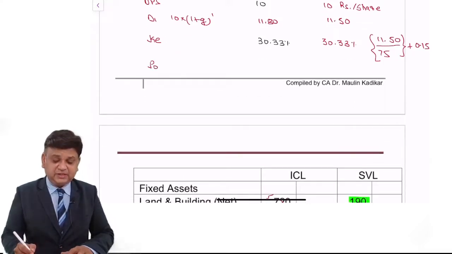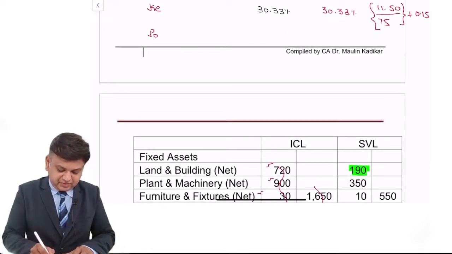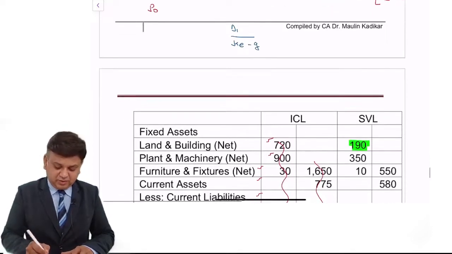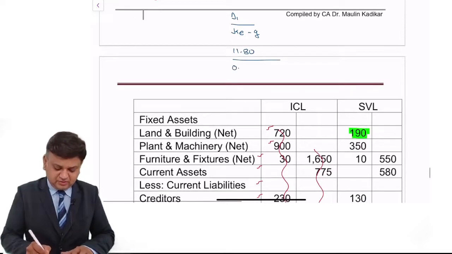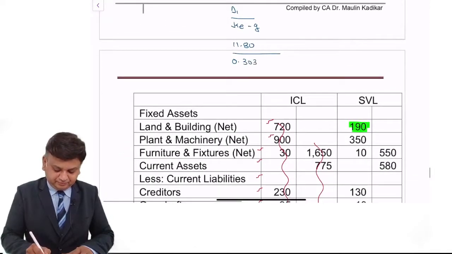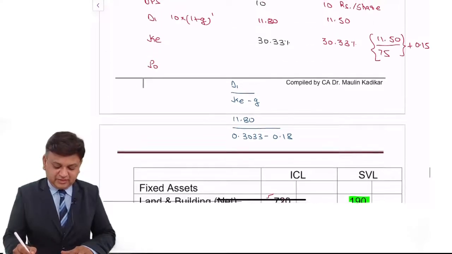Now based on that, P0 is calculated. P0 is found as D1 divided by K minus G. What is D1? It is 11 rupees 80 paise, divided by the cost of equity, which is 30.33, less the growth rate, which is 18%.